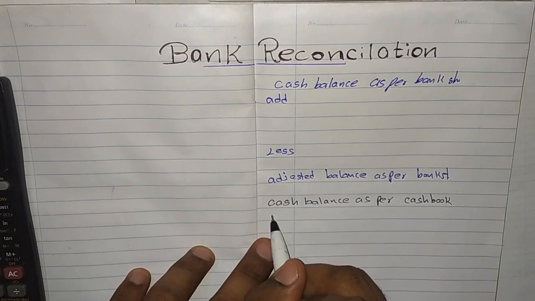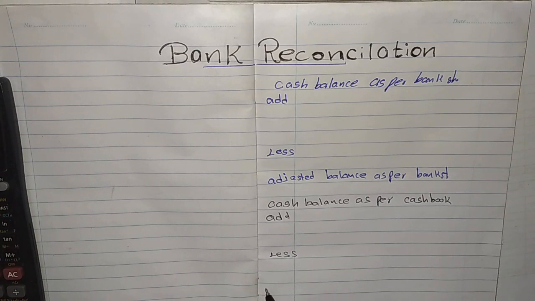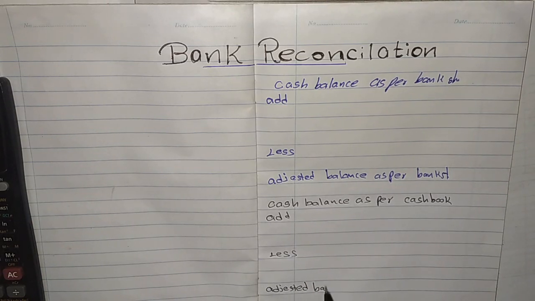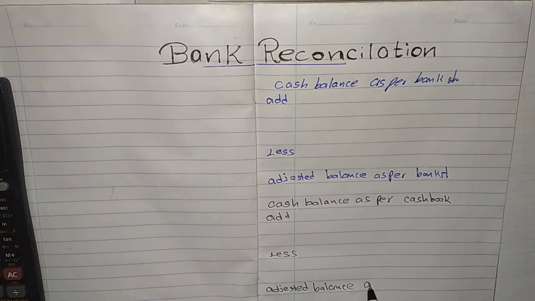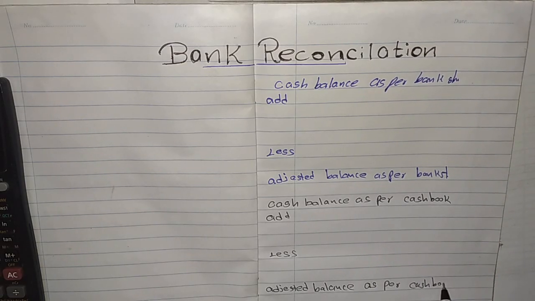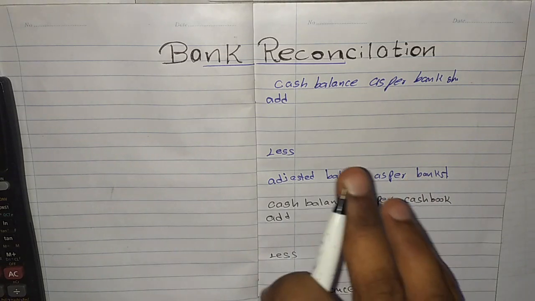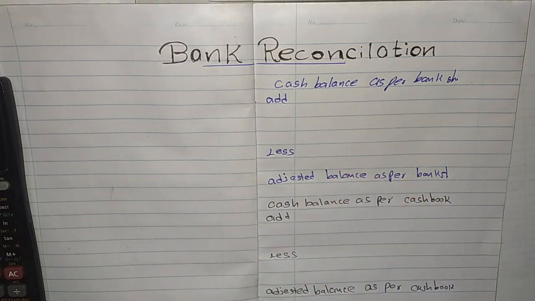Then we are going to add something, and we are going to subtract something, then finally you can get the adjusted balance as per cash book. Okay, now this is for our general ledger.